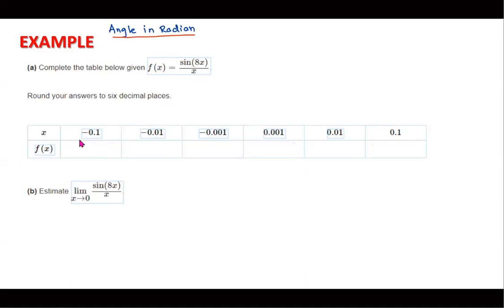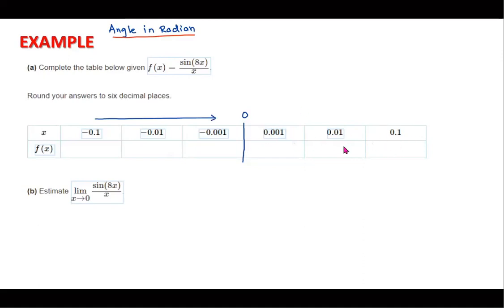So just like in the previous one, if you look at these numbers carefully, you can see that we have negative 0.1, negative 0.01, negative 0.001 up to here. So these numbers are going closer and closer to 0 from the left side.